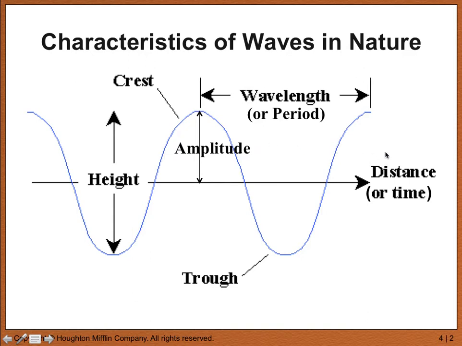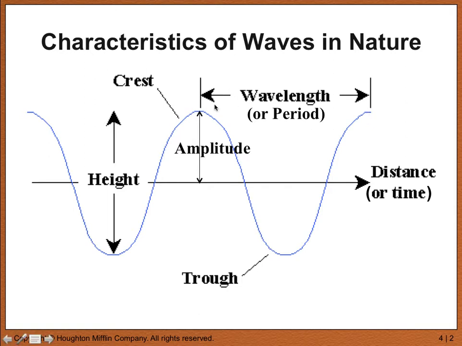So in physics, you're going to sometimes see it with distance in the x-coordinate, and sometimes you're going to see it with time as the label of the x-axis. But in either case, wavelength is an indication of how long a wave is, as its name would suggest, and it's measured from crest to crest.